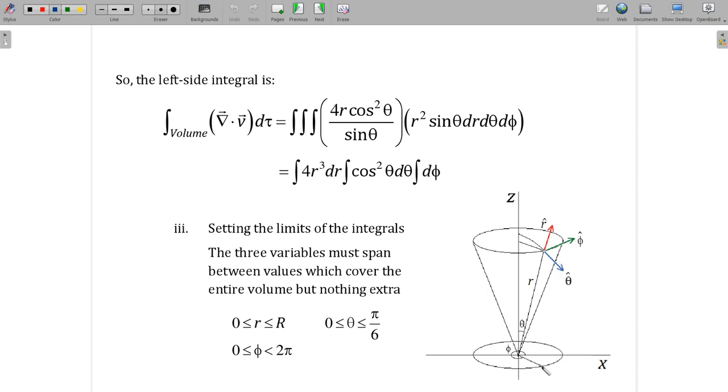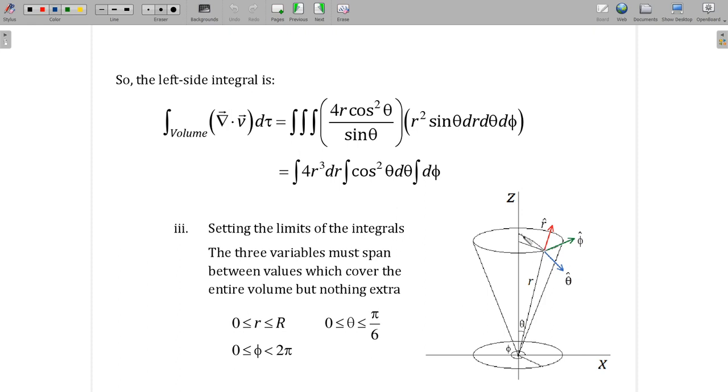Let's say phi is equal to 300 degrees. So I'm at this point, right? And R is equal to capital R. So I am at this circle, which is the rim of the ice cream cone, which has the value of R equal to capital R, right? So I'm at this point, and now I start varying theta between 0 and pi by 6. So I will trace out this curve, right?